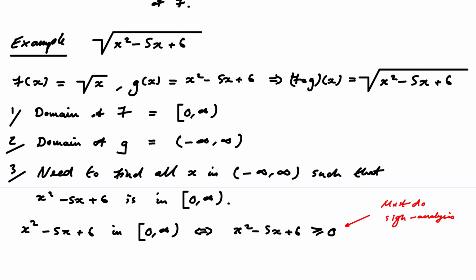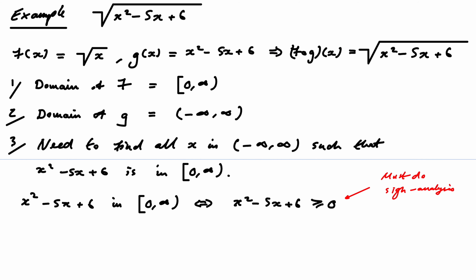To do sign analysis, here, it's a quadratic, there's quite a few approaches, but let's take the most simple. If I can factor this into linears, life is going to be very simple for me. I've got my usual procedure. So thankfully, this can be factored into linears very simply. So x squared minus 5x plus 6 factors as (x minus 2)(x minus 3).